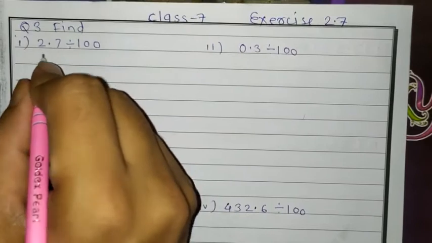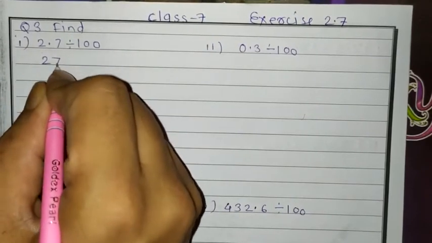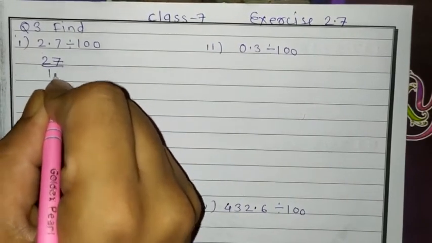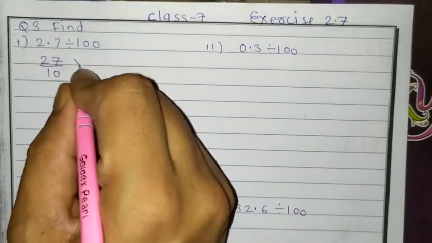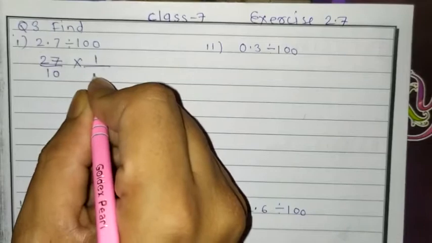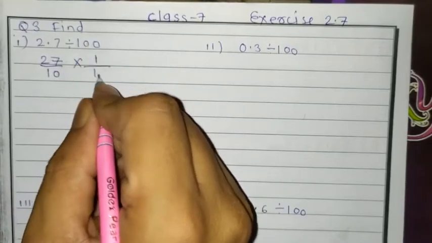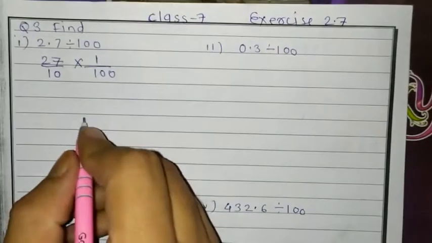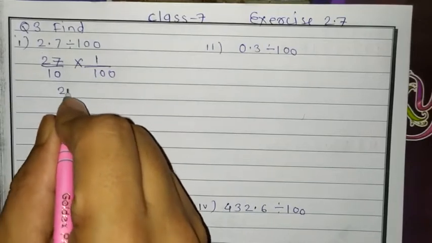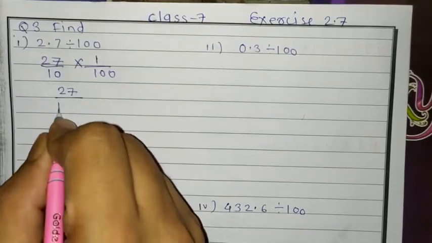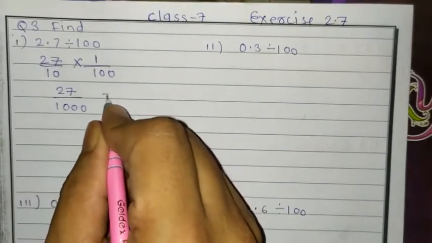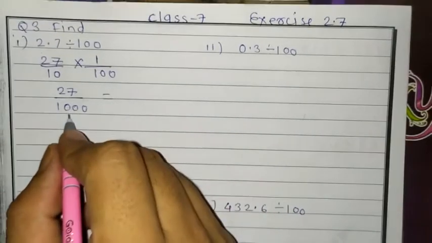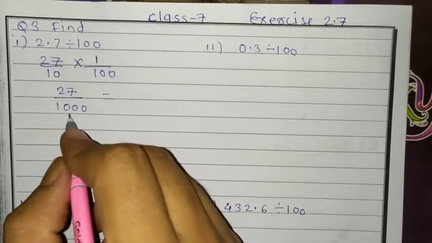So 2.7, as you know, can be written as 27 upon 10. Here you convert into multiplication, so it will be the reciprocal of 100, 1 upon 100. Finally we can easily solve. 27 upon 1000 will be there, so 3 zeros are there.